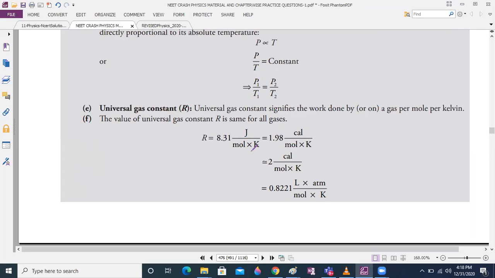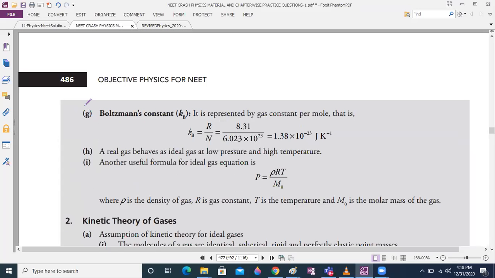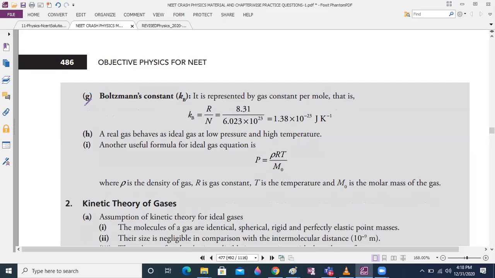Some differences are also there, please note them. At the end of the class, I will share the notes; you can download them. Next, the Boltzmann constant: k equals R by N, and the value of k is 1.38 into 10 power minus 23 joule per kelvin.